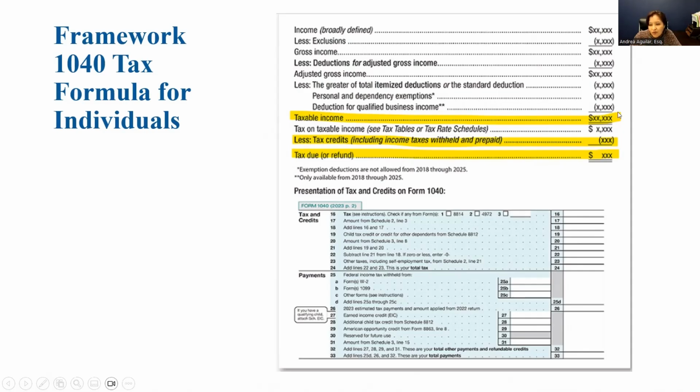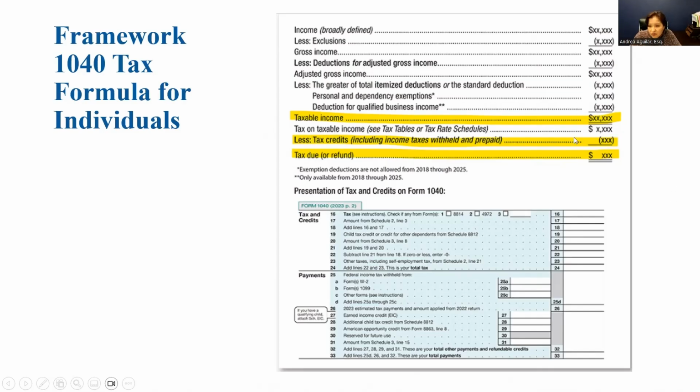And that is the amount that we're going to use to apply the tax rates based on the filing status and based on the amount of income that this couple has in any given tax year. Okay? So after that, we are going to have an additional benefit. This is great because we're going to have the possibility to reduce our taxes.